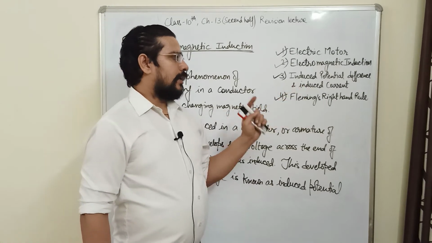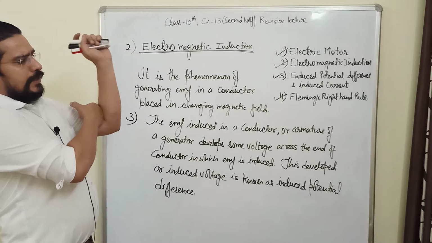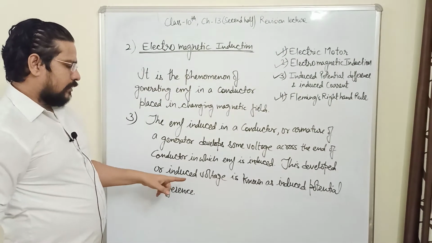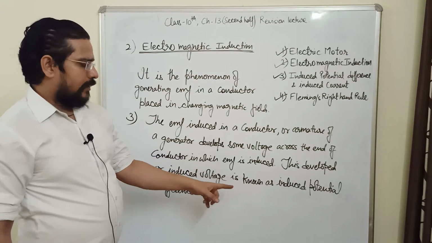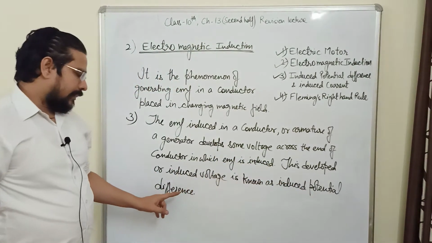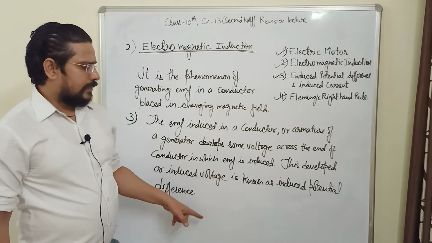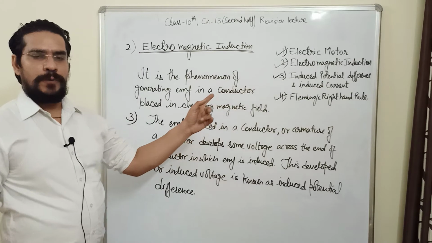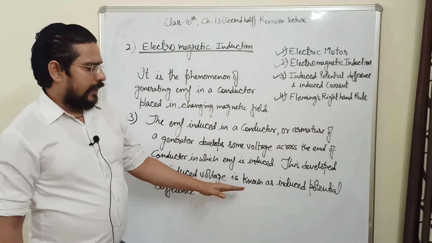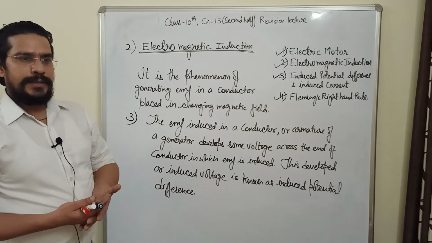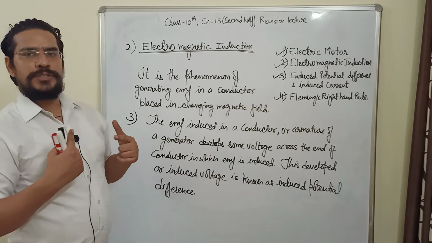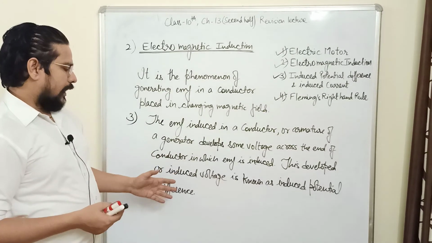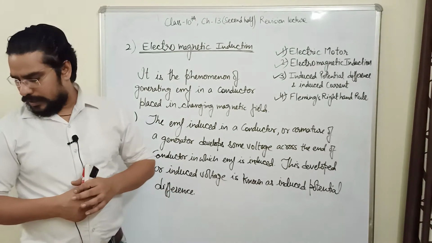Now, what is induced current? If you connect a resistance across the ends of the conductor in which the EMF is induced, obviously the potential difference available at the ends of the conductor divided by the resistance connected to the circuit will make some current flow in the circuit by Ohm's law: I equals V by R. If V is the induced potential, and you divide it by the resistance of the armature or conductor itself plus some load resistance, that is known as your induced current.